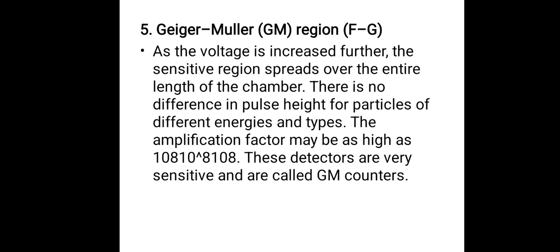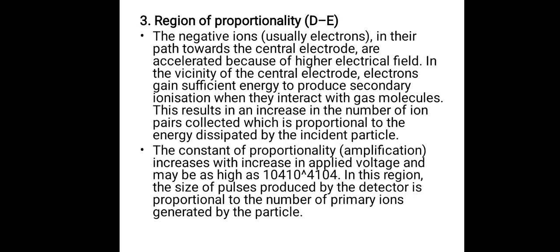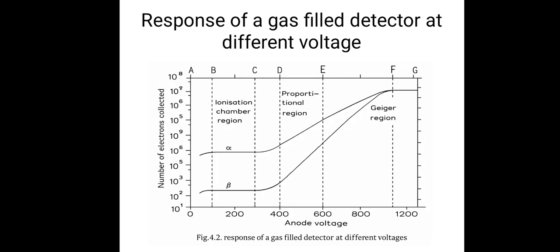The amplification factor may be as high as 10^10. These detectors are very sensitive and are called GM counters. The F to G region is the GM counter region.